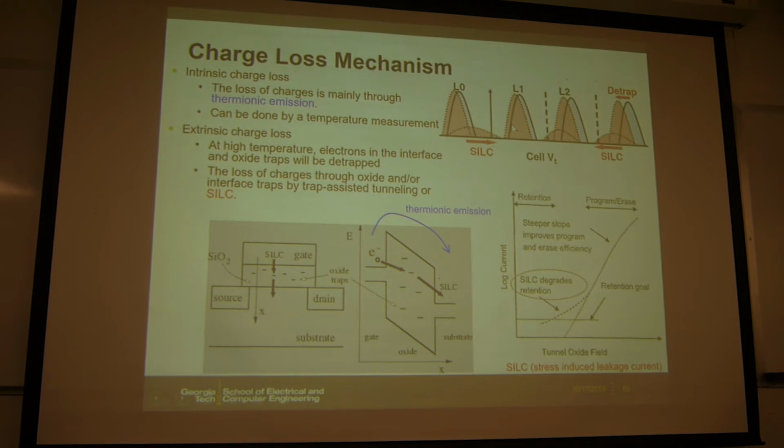And if you look at the mechanisms for the charge loss or electron loss, there are two mechanisms. One is the intrinsic charge loss due to this thermal process. So basically, as I just said, if you have higher temperature, the electrons tend to vibrate more, so they may jump out from the trapping site.